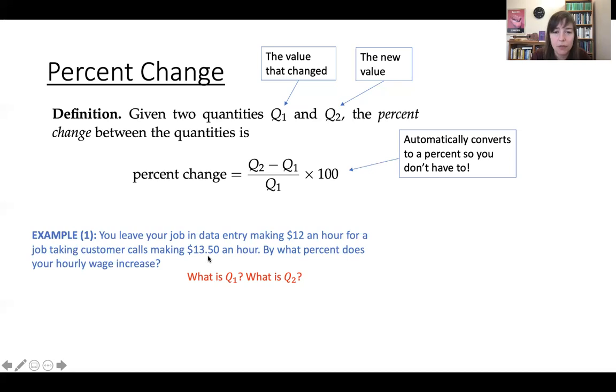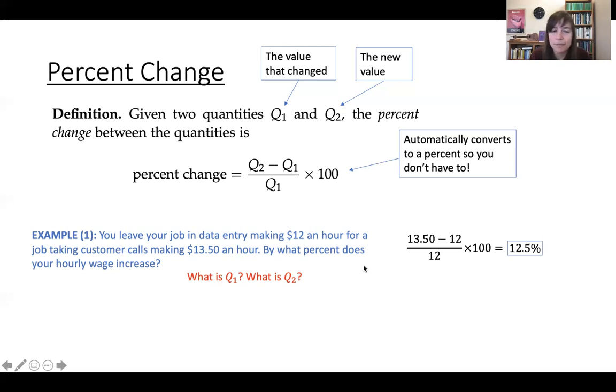And so finding the percent change, we just throw these into the equation. Q2 minus Q1 divided by Q1 times 100 gives you, if you put it in your calculator, 12.5%. So you have a 12.5% increase in your wages, changing from a $12 to a $13.50 per hour job.